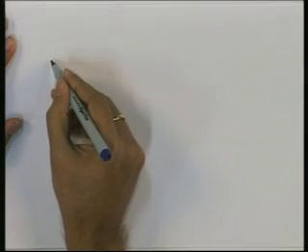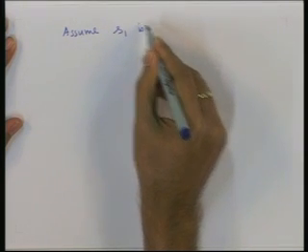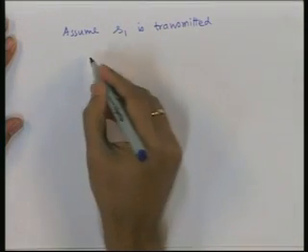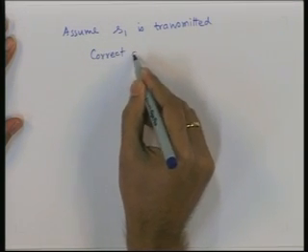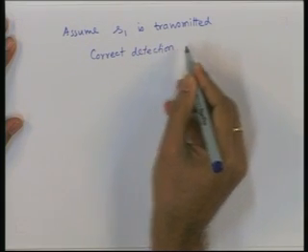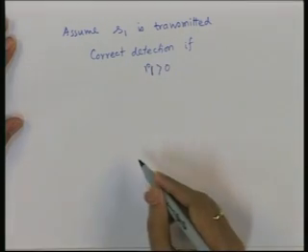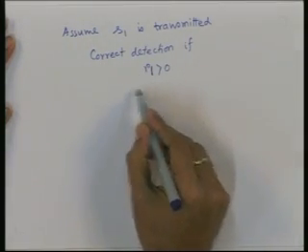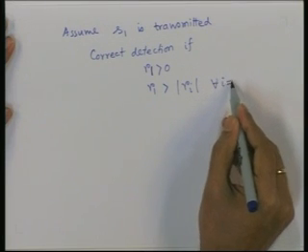So, we want to compute the probability of, we assume that S1 is transmitted, and we also know that the correct decision is made, correct detection is made if R1 is greater than 0, because for S1 to be chosen at the detector, R1 has to be greater than 0, and also R1 has to be greater than mod Ri for all i not equal to 1.